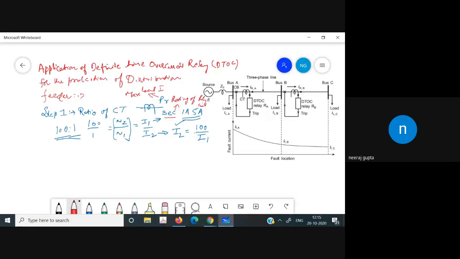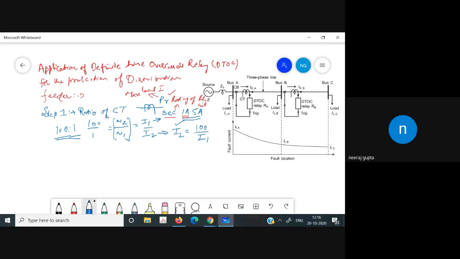So for deciding the turns ratio of this CT, we have to take into consideration the primary and the secondary of the CT. Let us suppose that we have used the rating of the relay coil as 1 ampere. So its secondary is decided accordingly, and the primary is decided by the maximum load current to be carried by the CT primary.